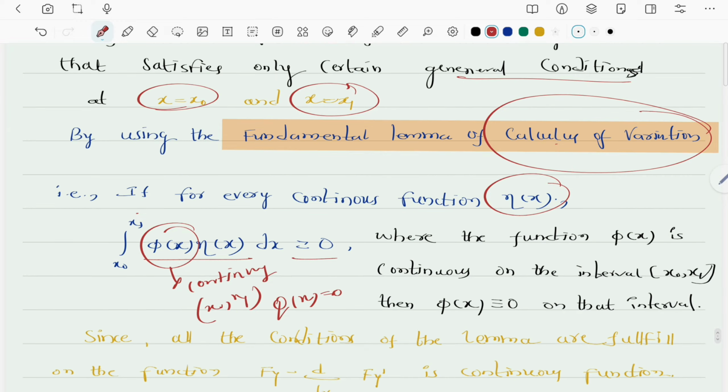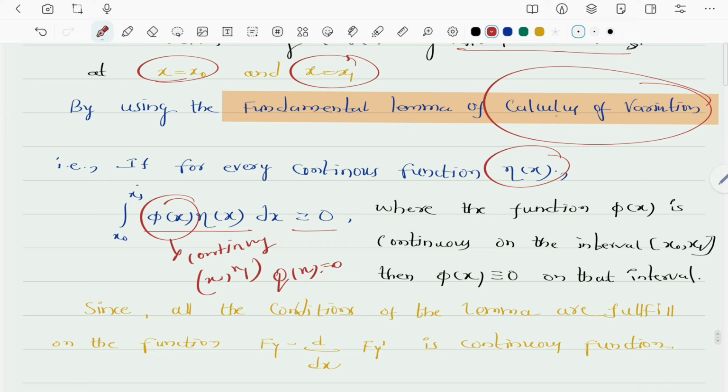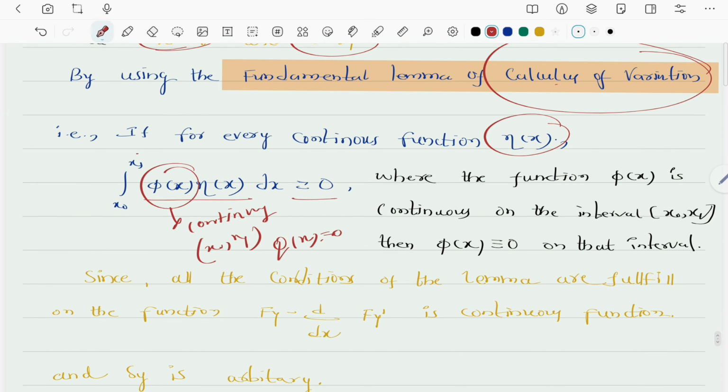Since all the conditions for the fundamental lemma of calculus of variations are fulfilled, the function fy minus d by dx of fy dash is continuous and delta y is arbitrary.